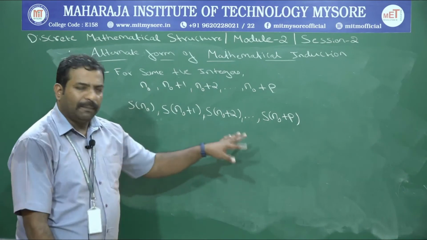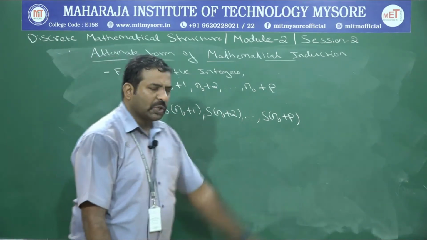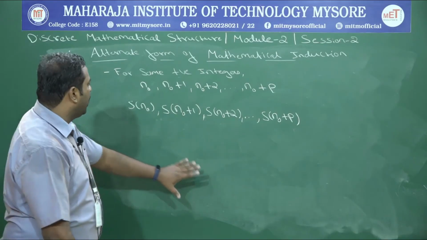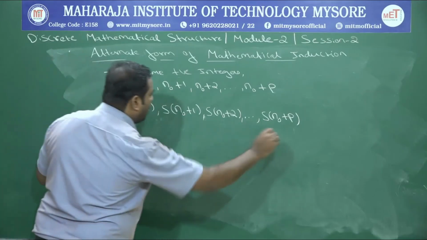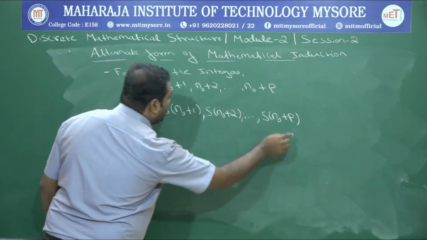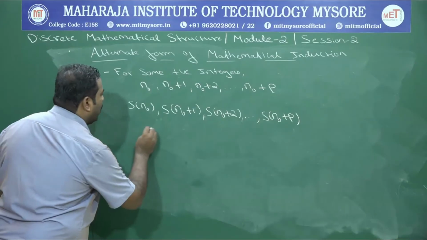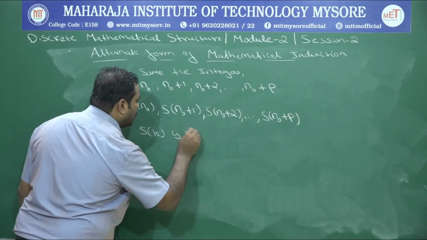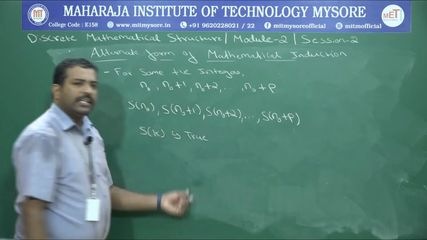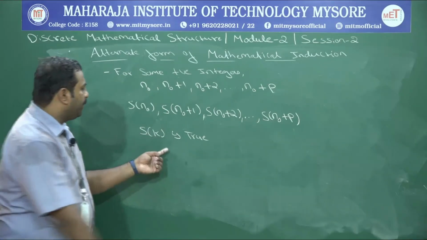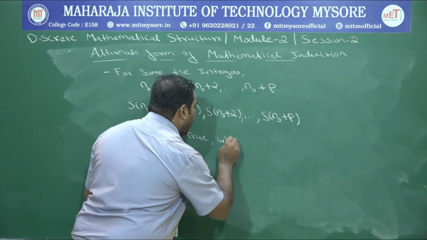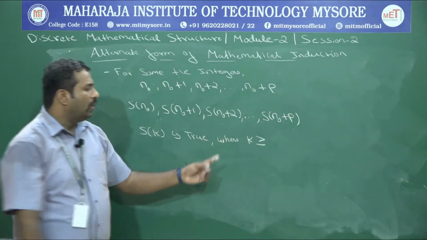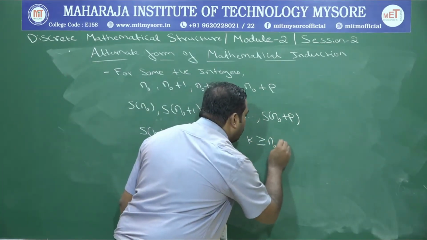Keeping this in mind, for all these statements being true, I am going to assume that all these cases are true. Hence I say S of k is true, where k is greater than or equal to n0 plus p.